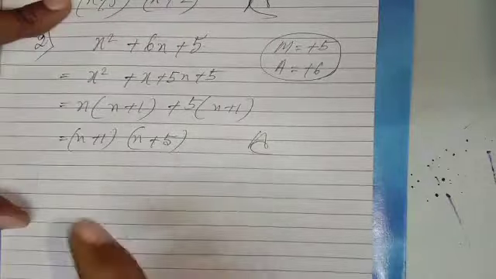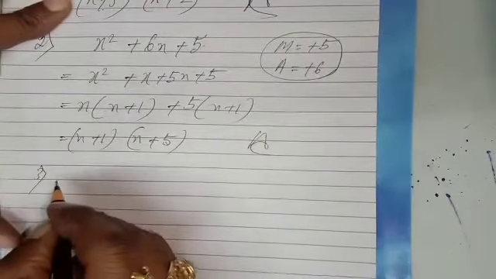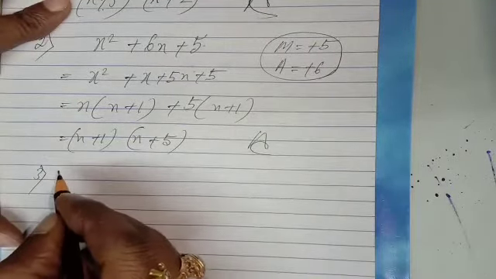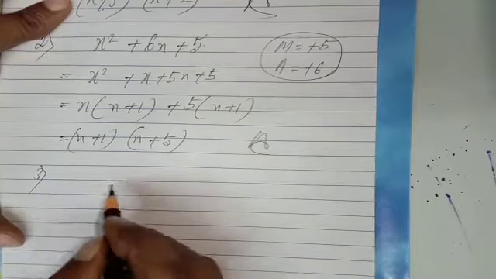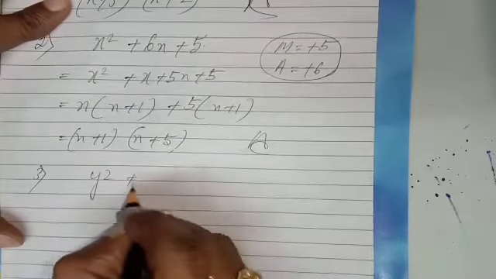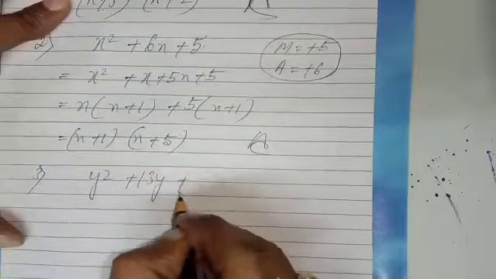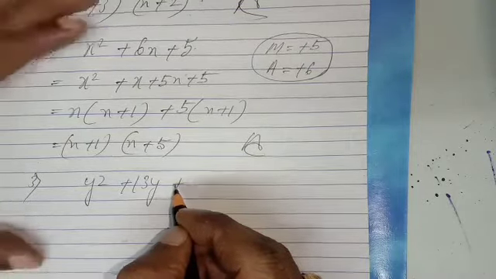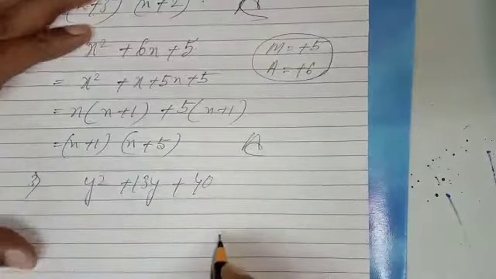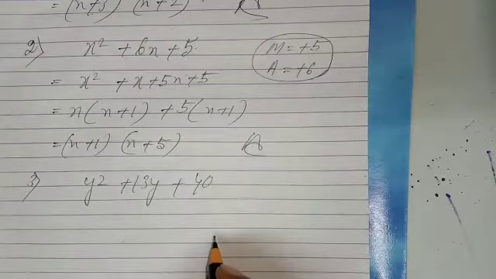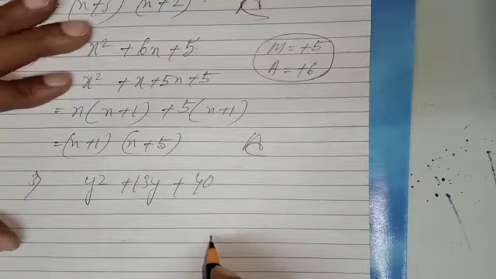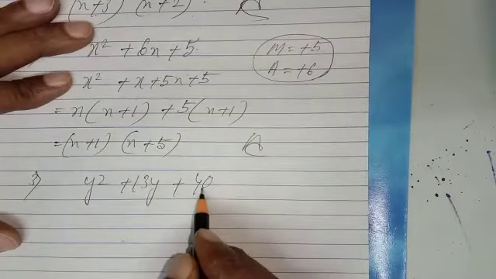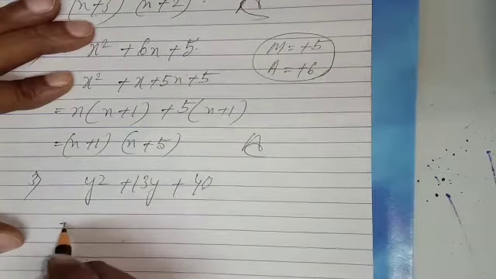Question number 3 is given: y square plus 13y plus 40. This is the question given and you have to factorize. Multiplication is 40 and addition is 13.